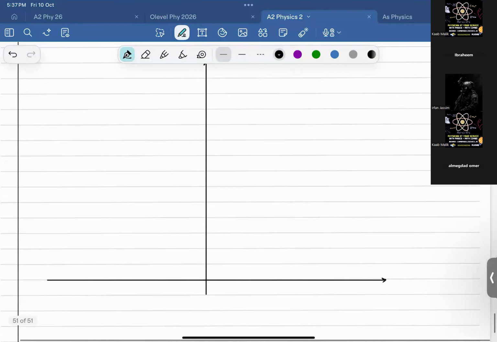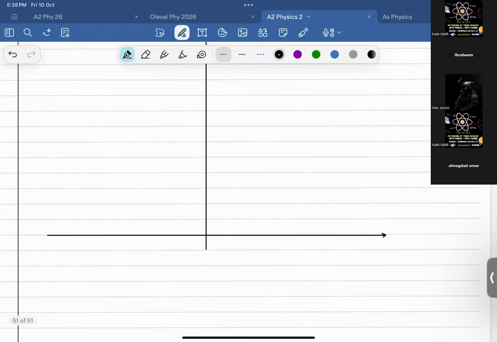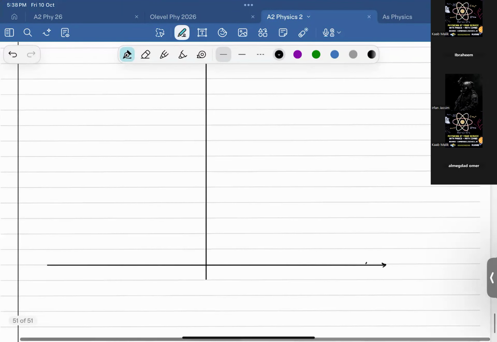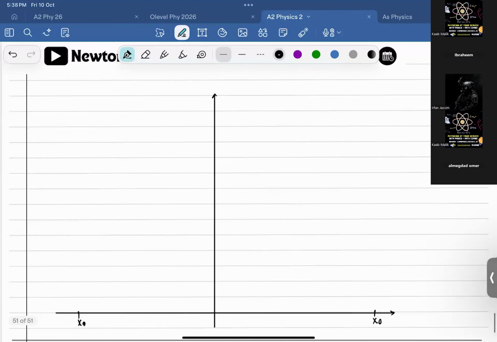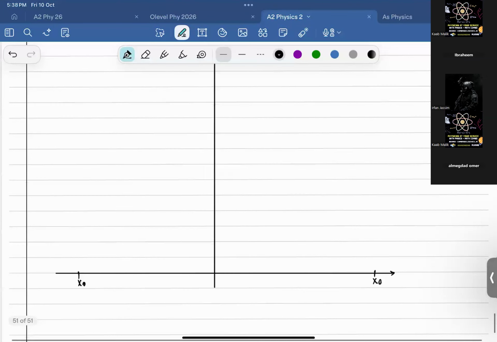And let's say they told you the amplitude x naught and x naught, okay. And you know that at amplitude, there will be maximum gravitational or just potential energy, and at the mean position, there will be kinetic energy, right?